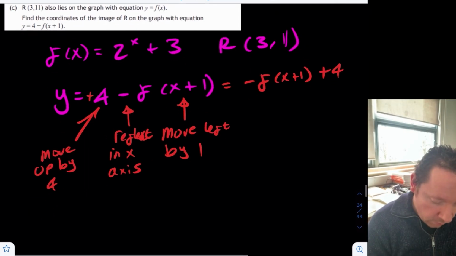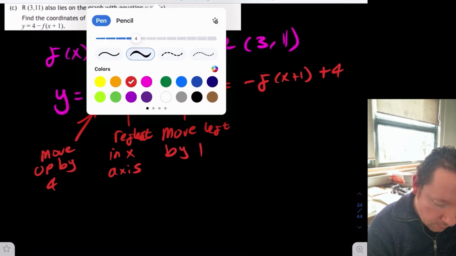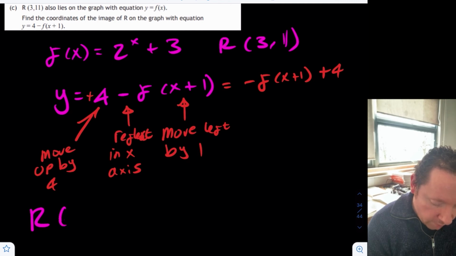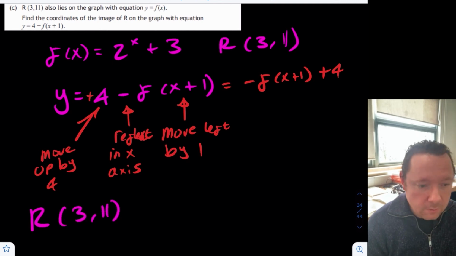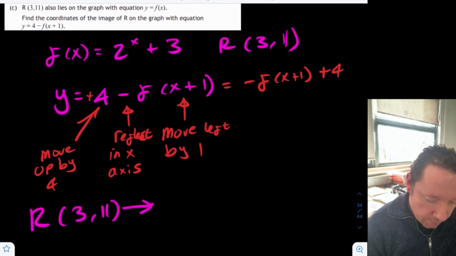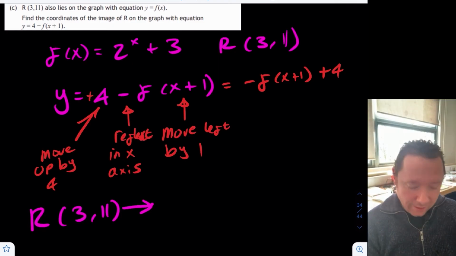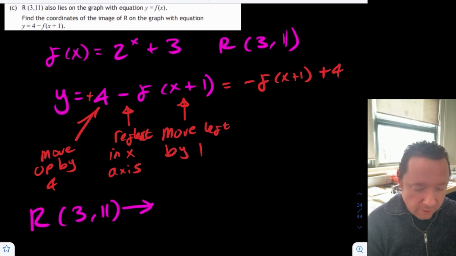So that means we've got our R, which was 3, 11. So doing the things in the correct order, we apply our reflection, and then we move to the left, and then we move up.